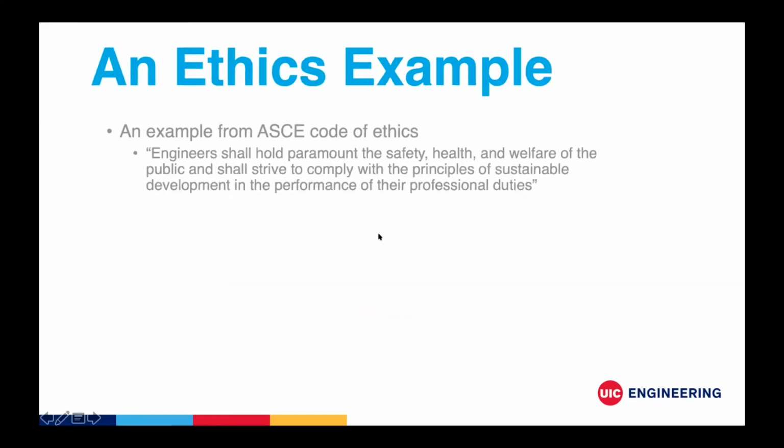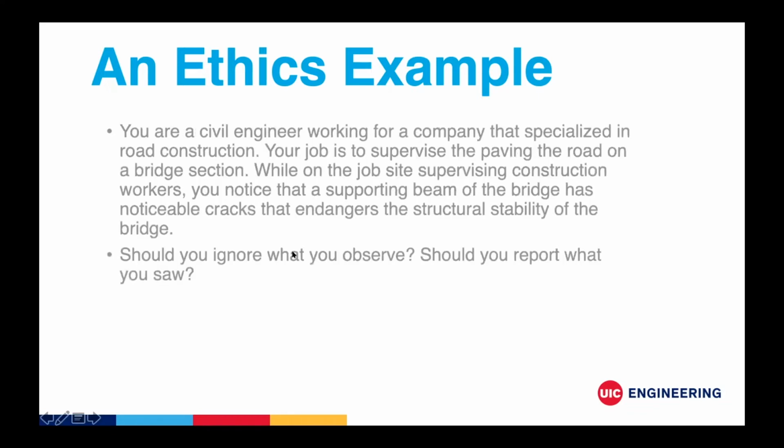Here's an example pulled from the ASCE code of ethics, the American Society of Civil Engineers. It says, and I quote, engineers shall hold paramount the safety, health, and welfare of the public, and shall strive to comply with the principles of sustainable development in the performance of their professional duties. Here is an example where this could be applied.